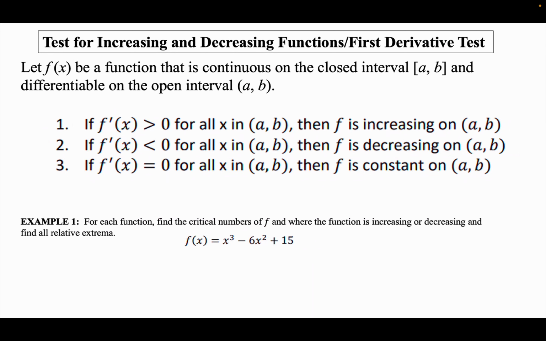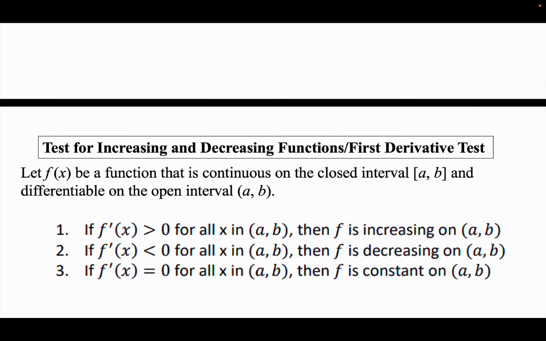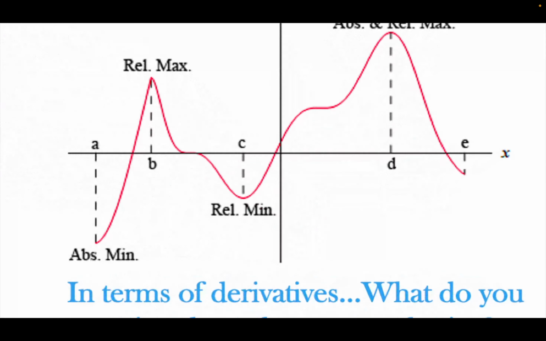If the derivative is 0, it's constant. You're probably hitting a peak or a valley. That's where the derivative is 0. All of these blue dots, that's where the derivative is 0.